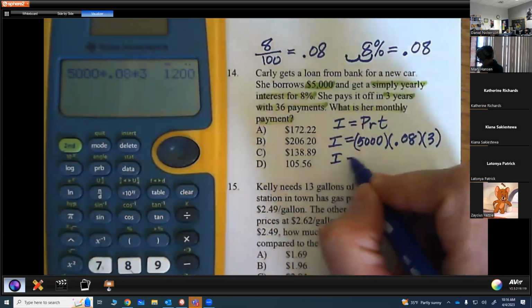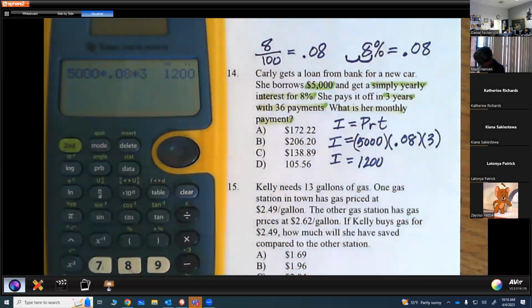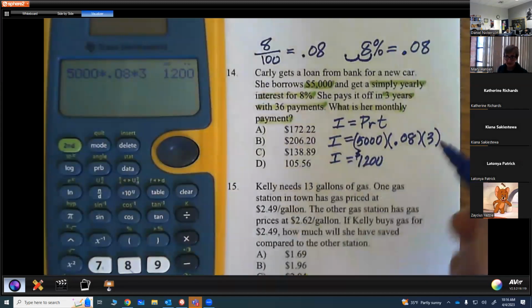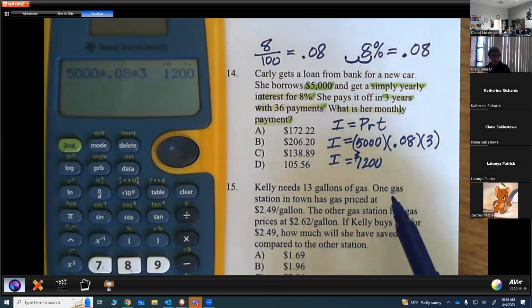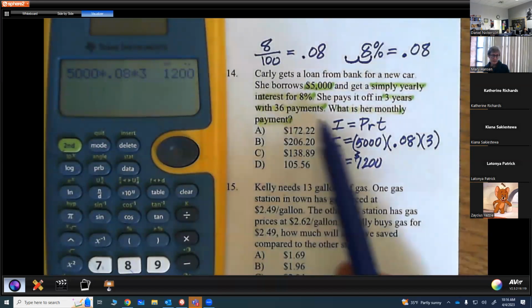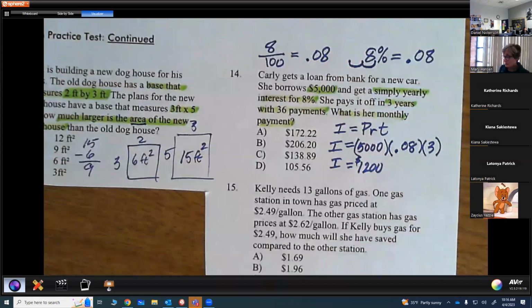And so this $5,000 car, she's going to pay $1,200 in interest. But we need to know what's her monthly payment. So now that I know the interest, can anyone tell me how to figure out what the monthly payment would be?